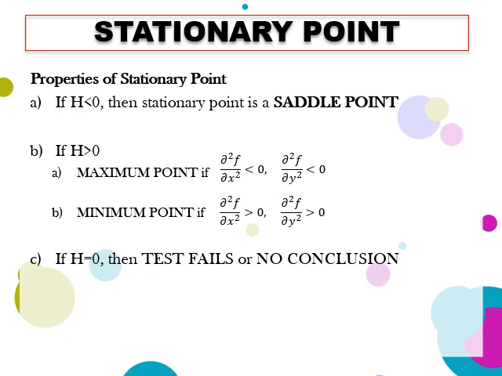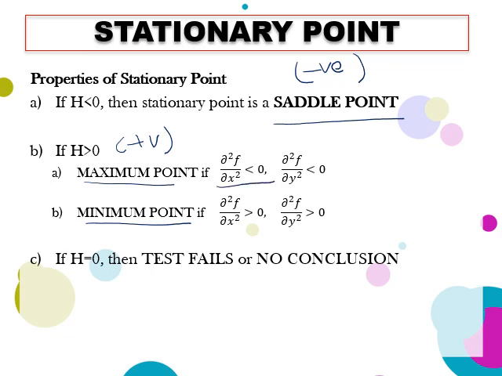When H is negative, we will have a saddle point. If H is positive, we have two options, whether it is a maximum or a minimum. So we need to do another assessment, where we find the values of del square f over del x square and del square f over del y square.